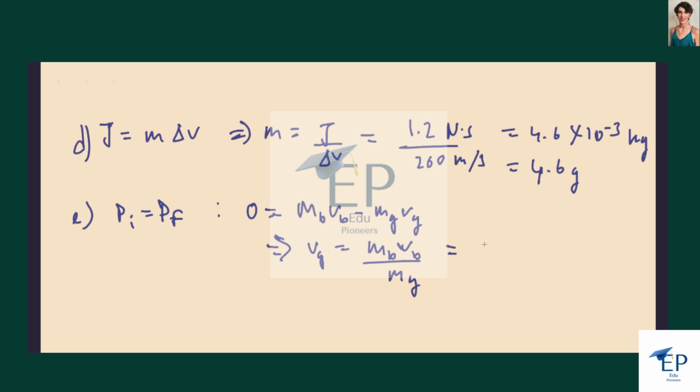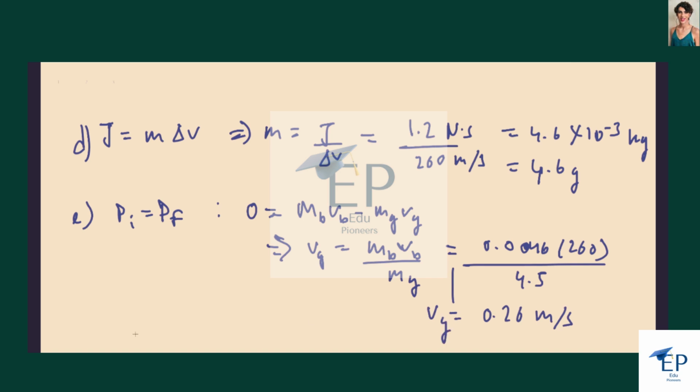So that's 0.0046 times 260, which will be 1.2 over 4.5, giving us 0.26 meters per second for the velocity of the gun. And that's it.